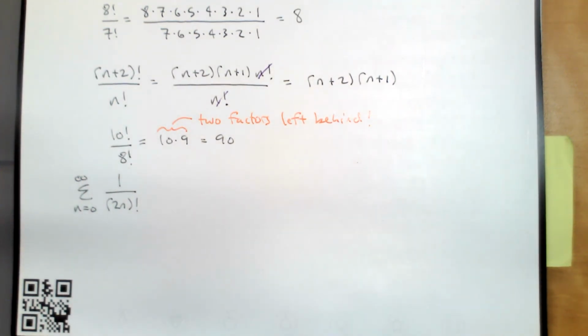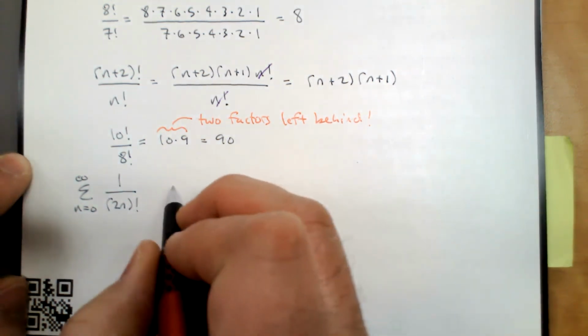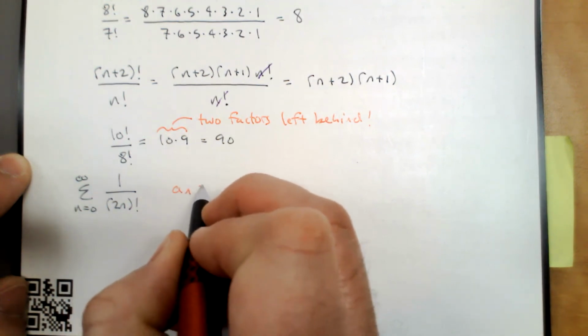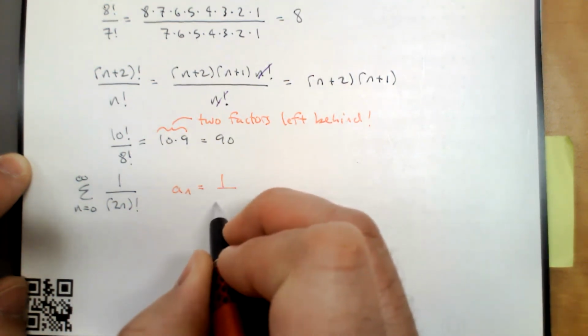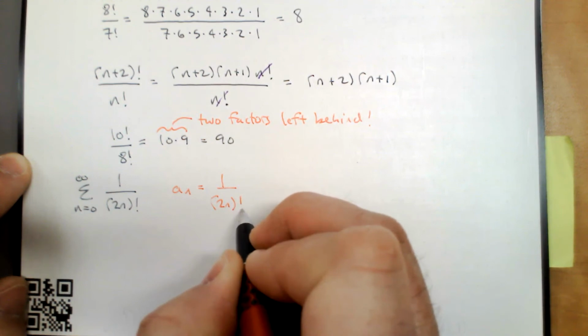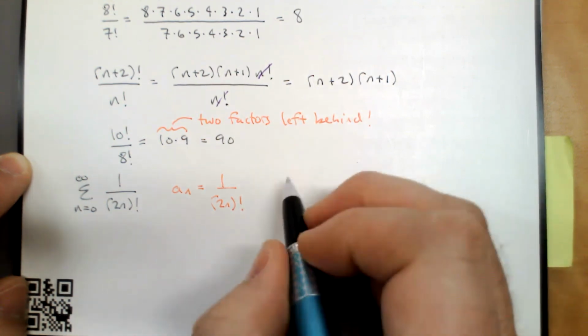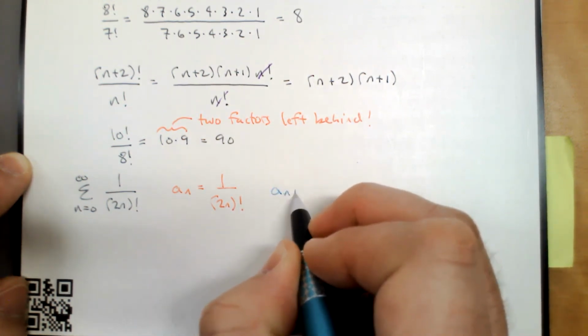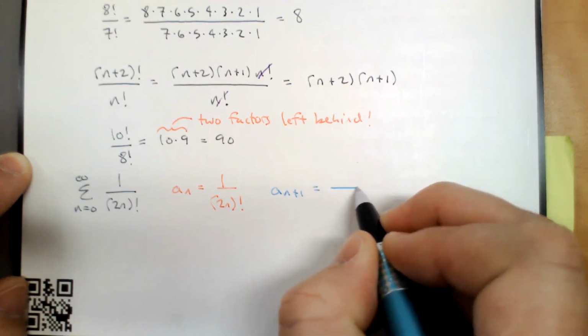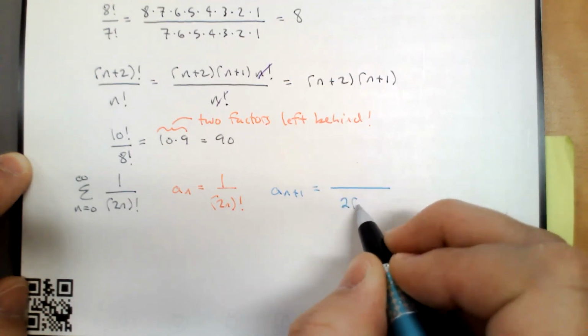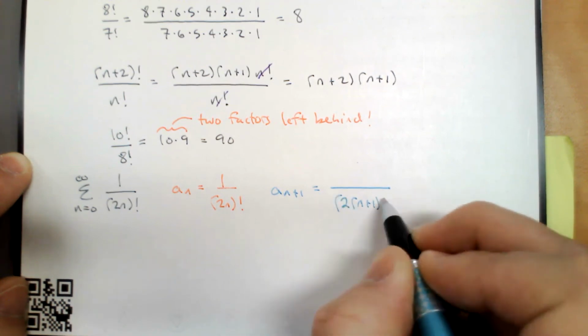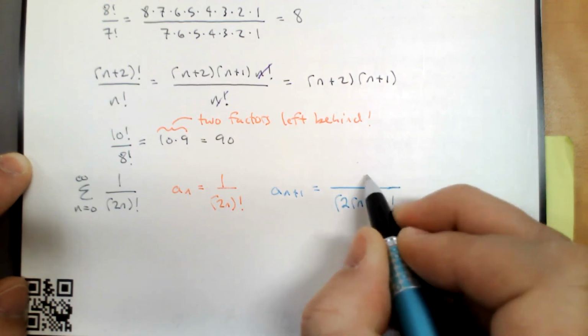That could happen if we had something like 1 over 2n factorial. Because here, a_n is just 1 over 2n factorial, but a_{n+1}, I'll have 2 times n plus 1 and then factorial.